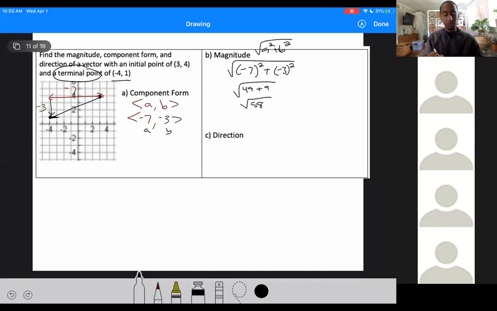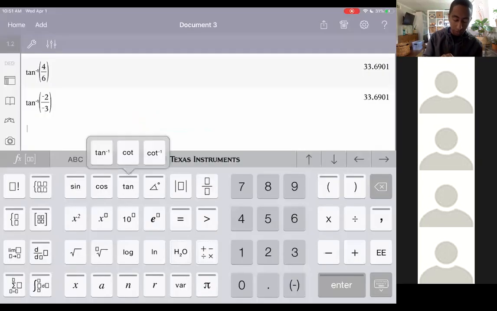Okay. B over A as in like -3 over -7. Okay. And then the tangent inverse. But see, this is where I'm confused. Would it be like, you know what we talked about, the 180? Yeah. So let's find what this equals and let's see. So tangent inverse.